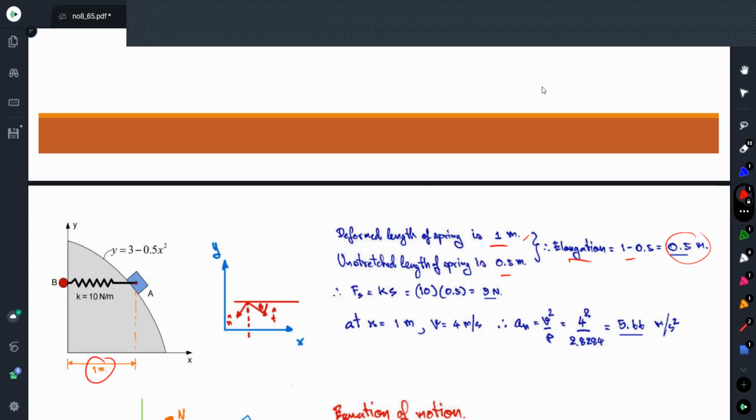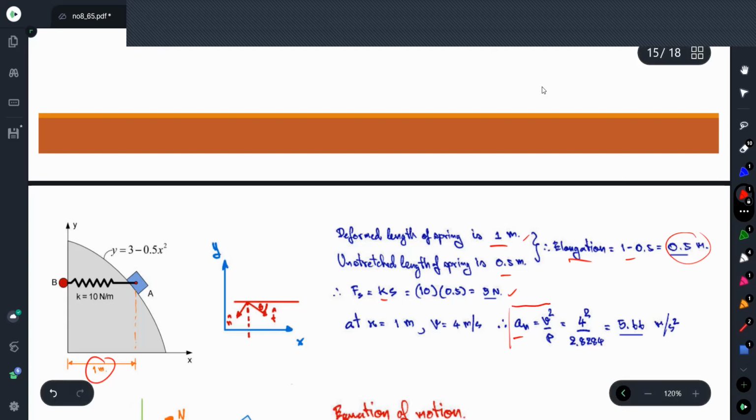Okay, so for this we can determine the spring force, since we already know the spring constant, and for this case we find that the spring force becomes 5 Newton. Okay, and for x equal to 1, we can find the normal acceleration.